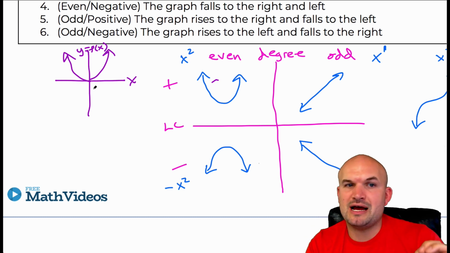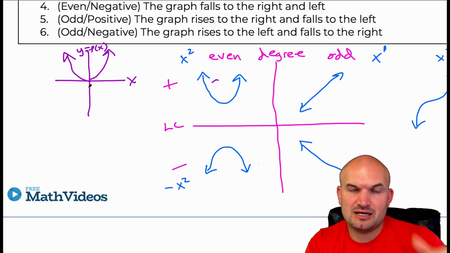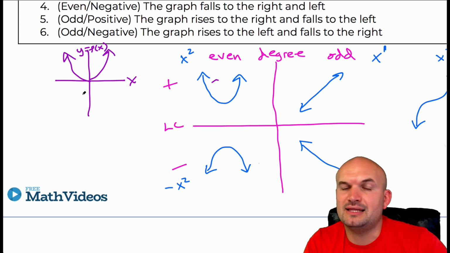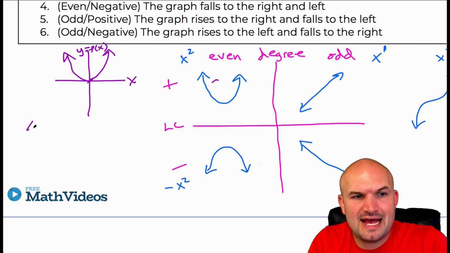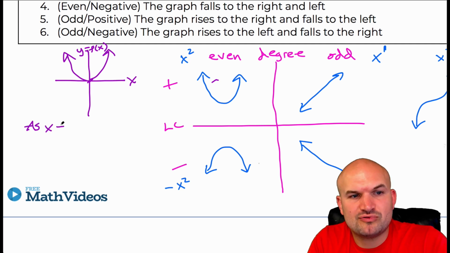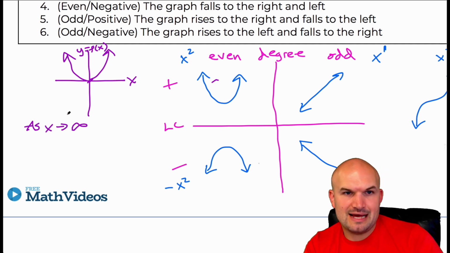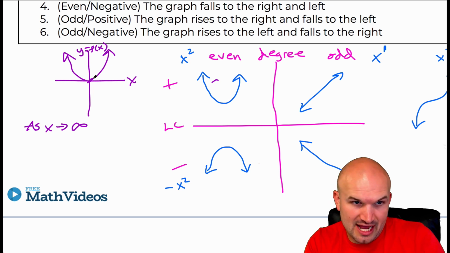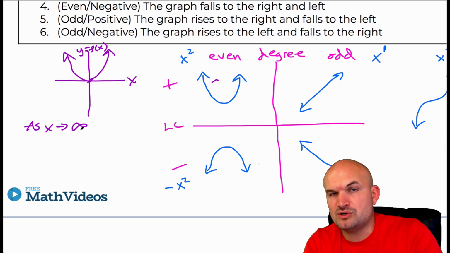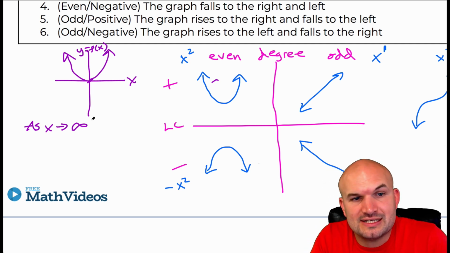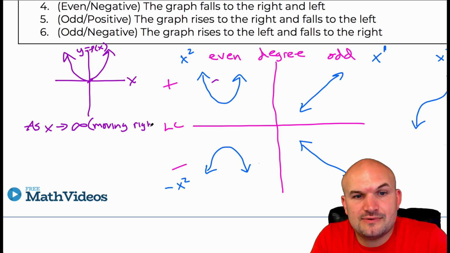So when we're trying to describe the end behavior, I'm not going to talk about the limit notation for this. We'll talk about that later in another chapter. But if I want to describe this using notation that's a little bit more mathematical, not really just conversational, I say as x approaches infinity, what that means is as the x values of the points on the graph are going towards infinity, that means they're moving to the right.